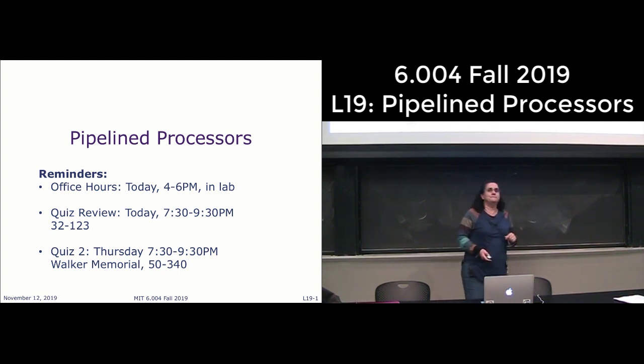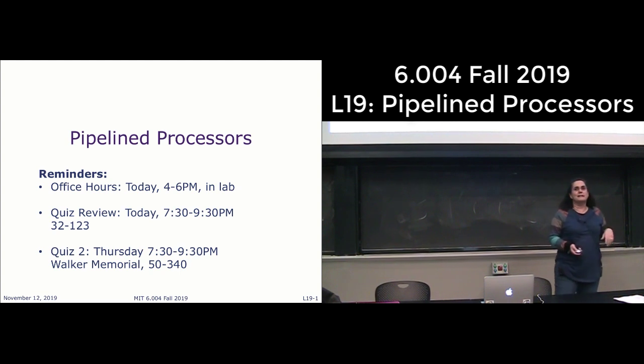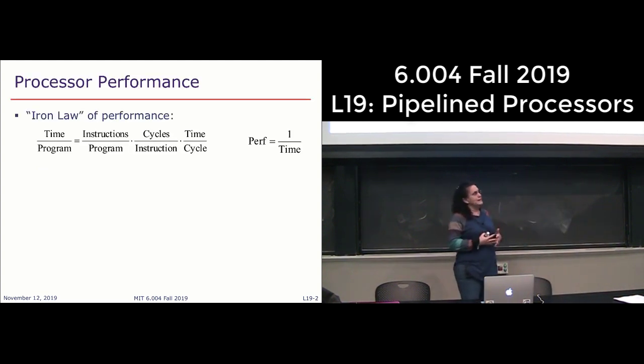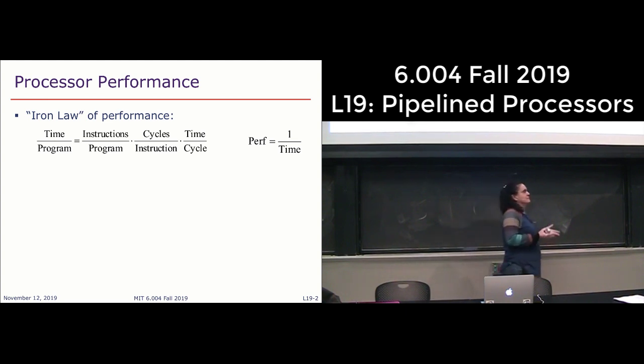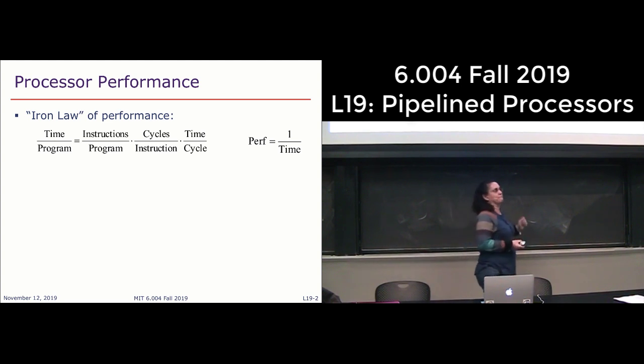So today, we're going to continue our discussion of how to improve the performance of our processors by taking a look at pipeline processors. So first, let's define what we mean by the performance of our processor. What we're trying to optimize is the amount of time it takes for our programs to run.